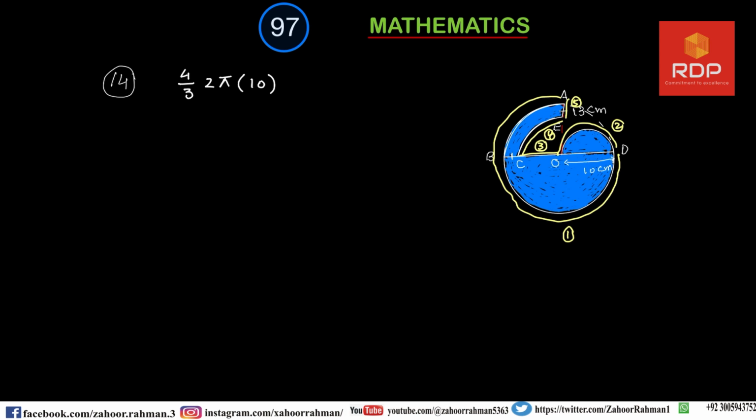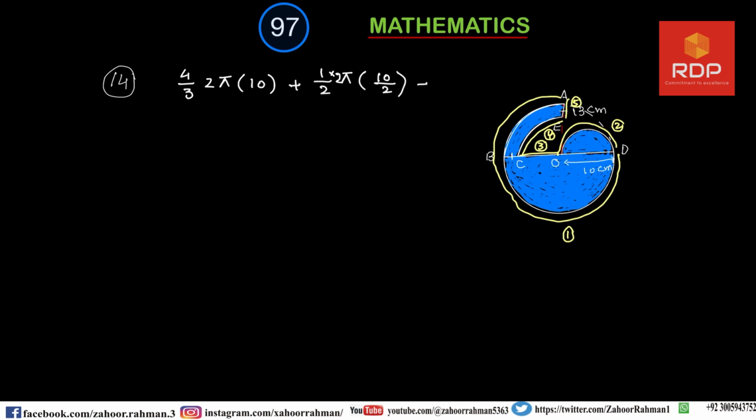Now the B part is a small semicircle, so we have to write 1 over 2 into 2 pi, and that will be 10 divided by 2, because the diameter of that small semicircle is given, so it will be 10 divided by 2, 5.